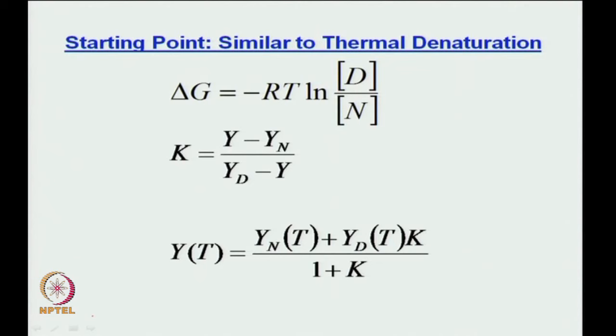But remember, when you are doing a chemical denaturation, you are varying what? You are varying the concentration of the denaturant. In thermal denaturation you are varying the temperature, everything else remaining fixed. In chemical denaturation you are keeping temperature constant, but you are varying the concentration of the denaturant.